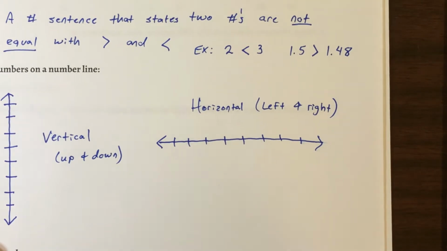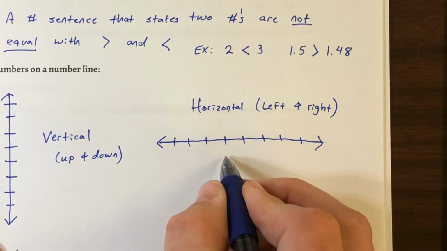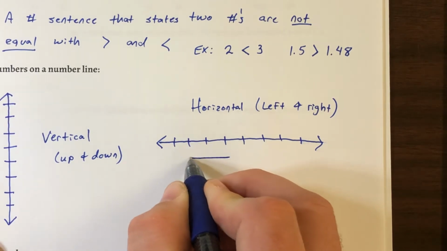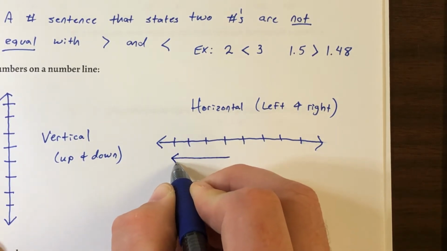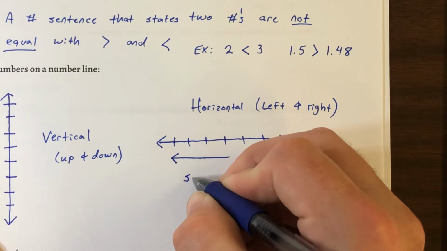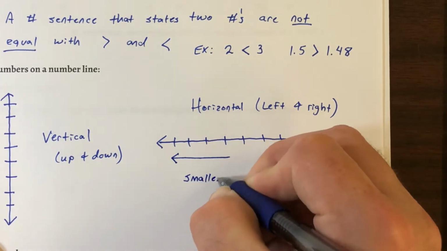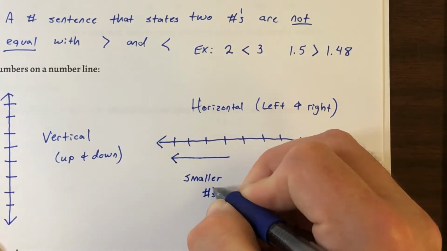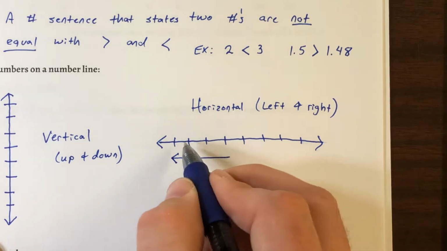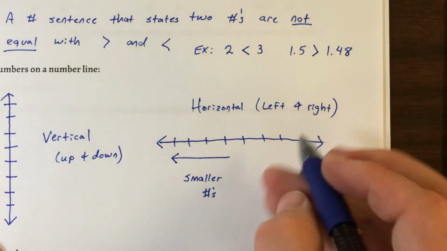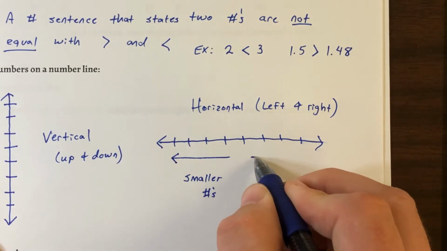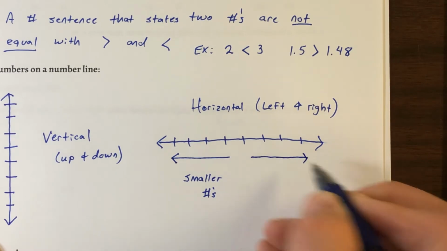So how do we know where our numbers go? Smaller numbers are going to go towards the left. So if you're counting down, you're going to be going in the left direction. If you're counting up and your numbers are getting bigger, you're going to be going off in the right direction.